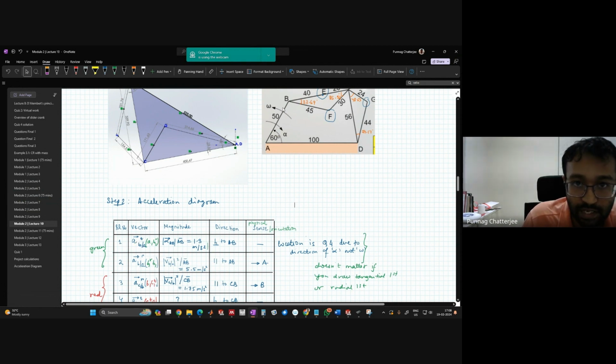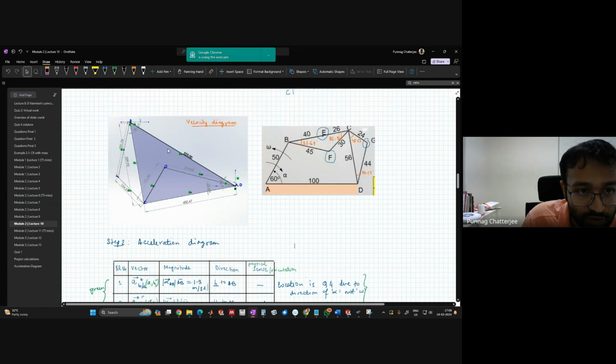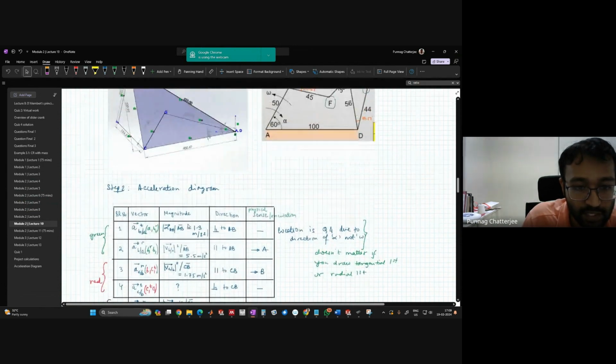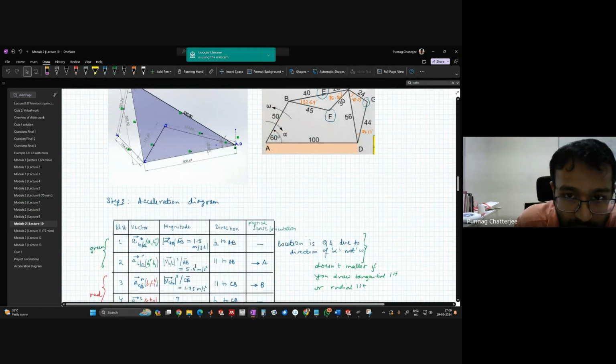But since the AB link has got both omega as well as alpha, it will have two components of acceleration: tangential, coming from the alpha, and radial or centripetal, which is coming from the tangential velocity VB with respect to A. We've already figured this out from the velocity diagram. So that squared divided by the link AB length gives us some value.